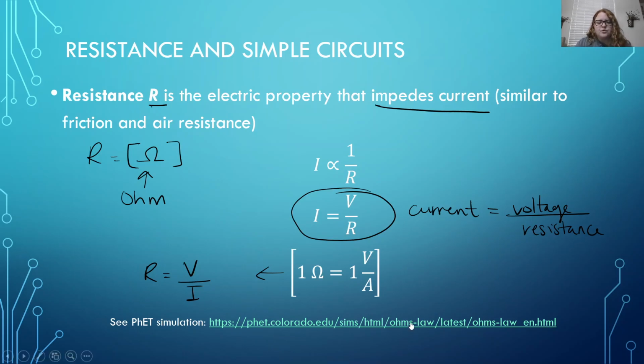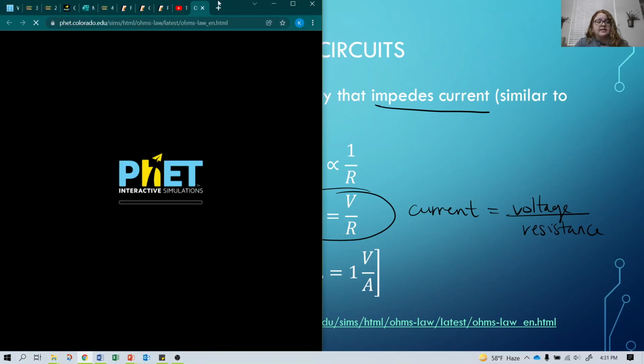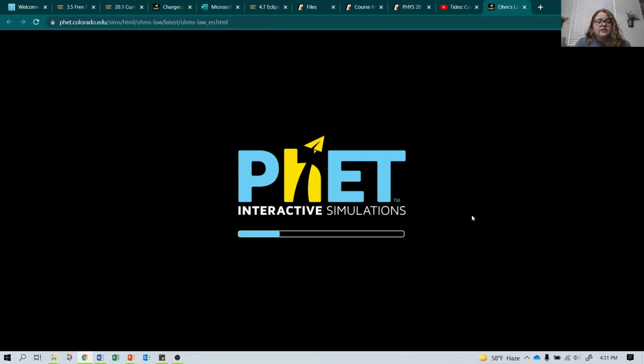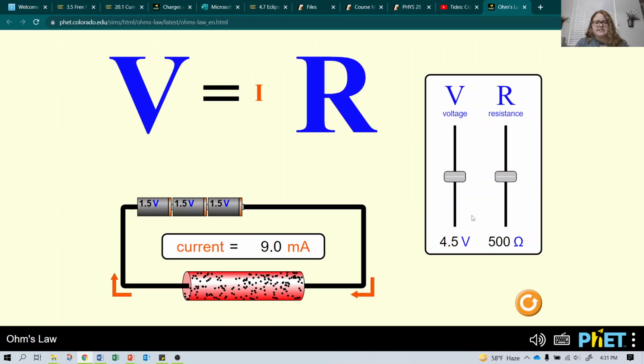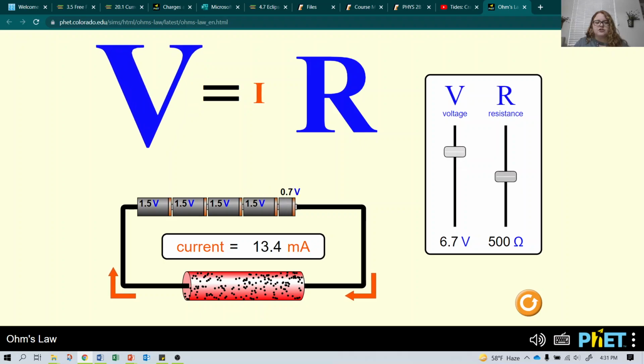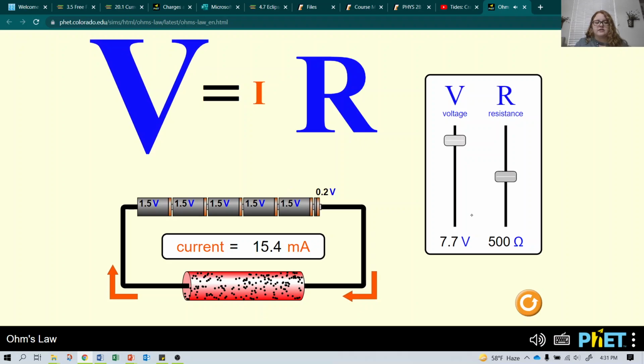All right, and so that relationship, I want to quickly show you guys in a simulation here. It's nothing fancy, but it just kind of shows you once you move one of the values of voltage or resistance, the current is going to change. So if I increase my voltage here, my current is going to increase. You can see that increase here.